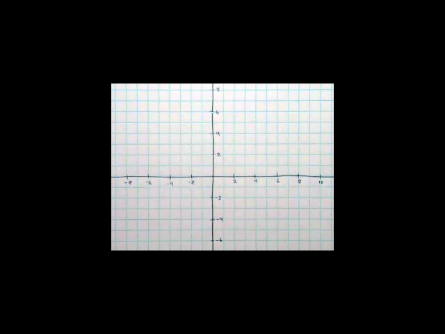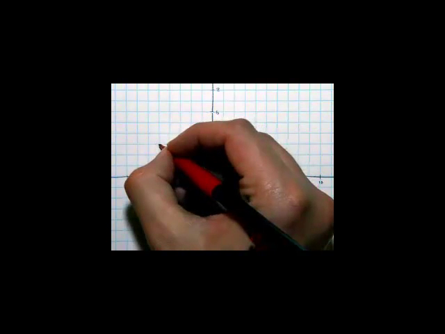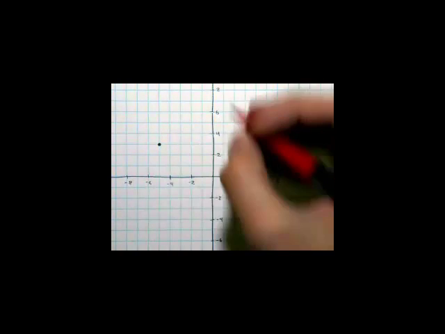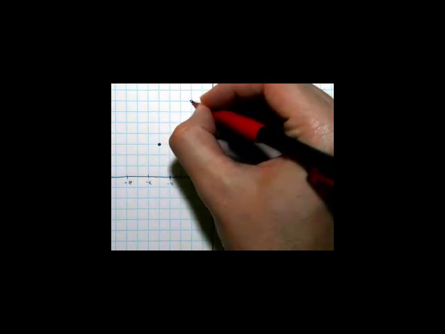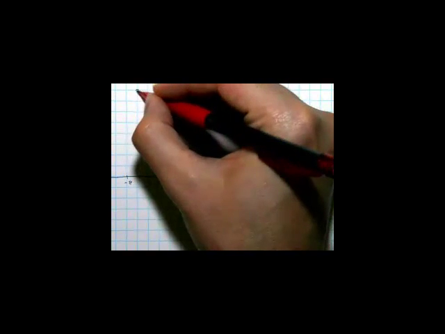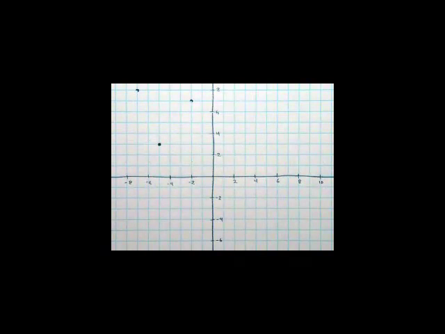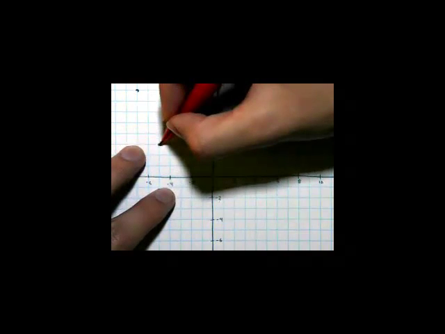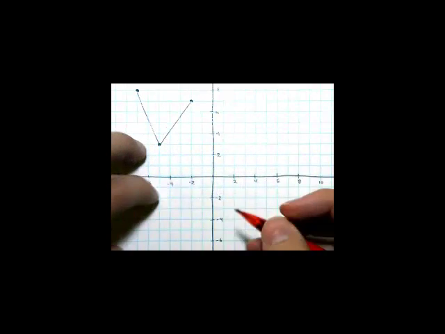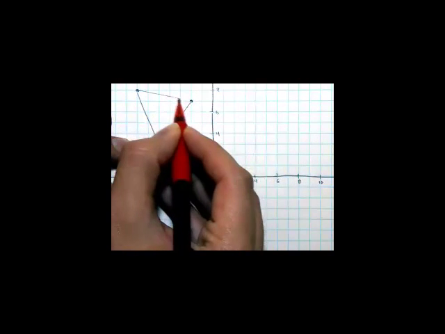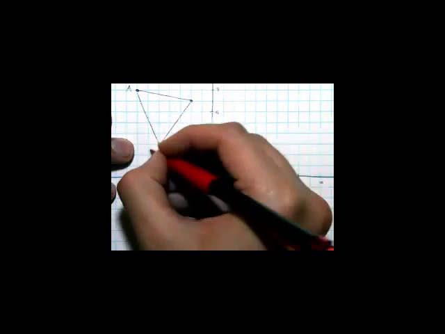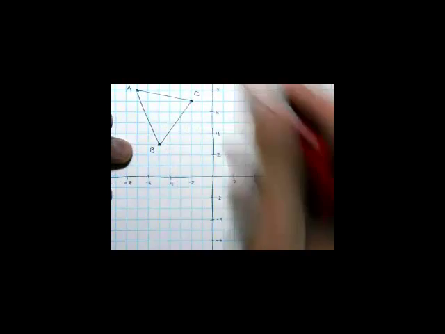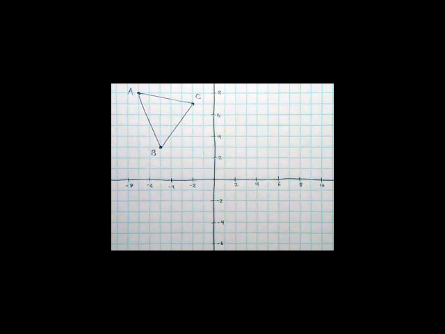We'll start with a triangle. Take this triangle here, and color ABC there.